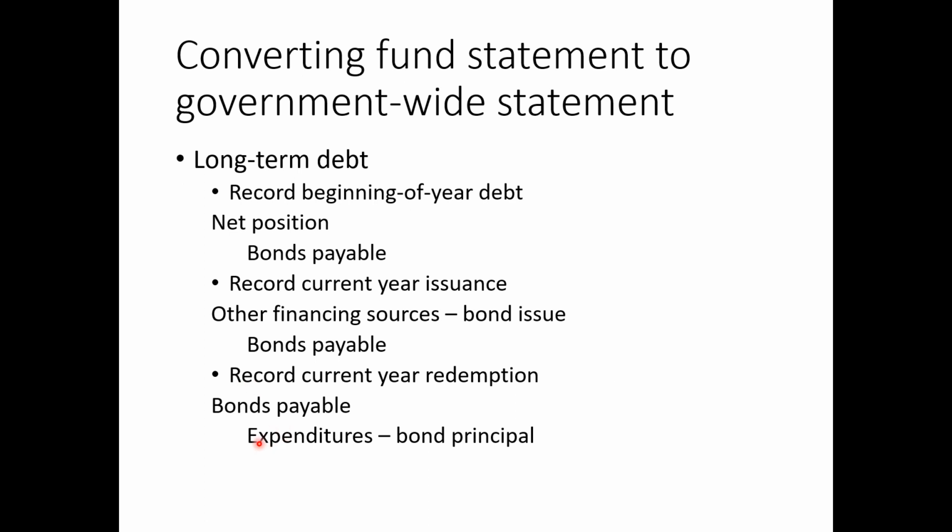Remember, in the government fund, when we pay off the debt, it becomes expenditures. In fact, it's not an expenditure in the government-wide statement. It's just a reduction in long-term liabilities. So we debit bonds payable, then we reduce our expenditures, bond principal. And for interest expenditures, there's no need to adjust, because anywhere it is interest expense.